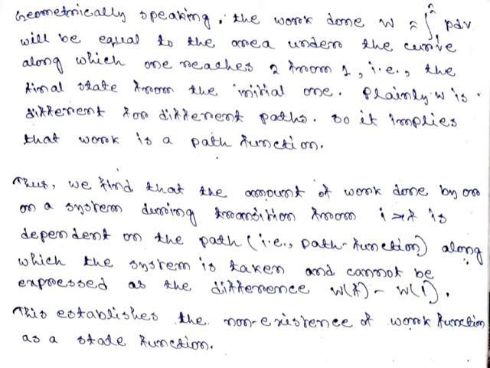It does not depend only on the final and the initial state. It depends on the path along which the system is taken from the initial to the final state.